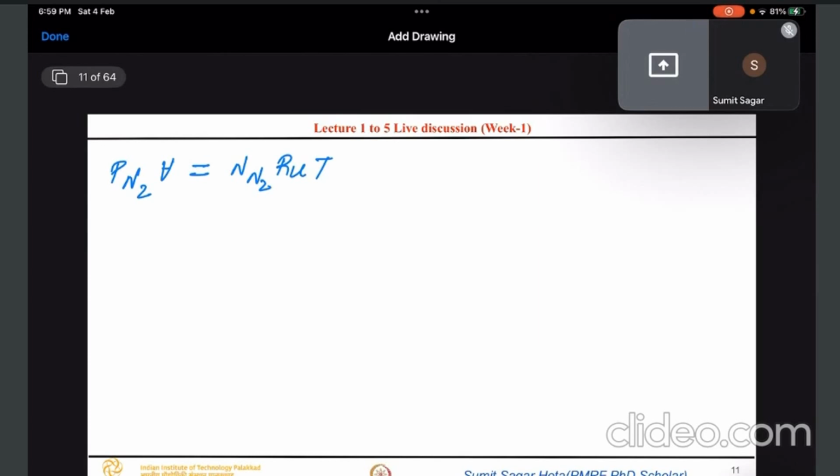Now, we know the formula, but we don't know what P of N2 is. That's the reason we need this formula, which is X of N2 into P. What is P? P is the total pressure.